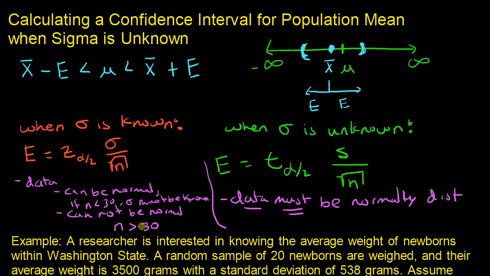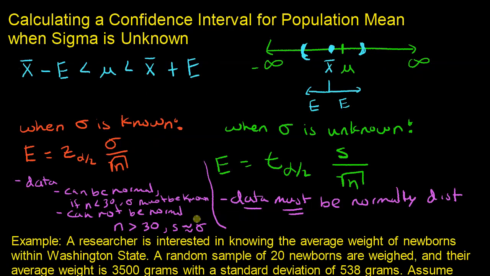If n was greater than 30, in either scenario, if n is very large, then you could approximate sigma using the sample standard deviation. So s would then approximately be equal to sigma.